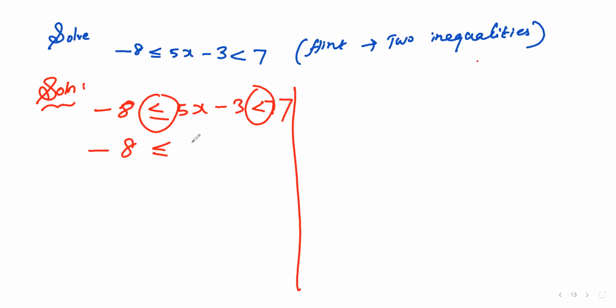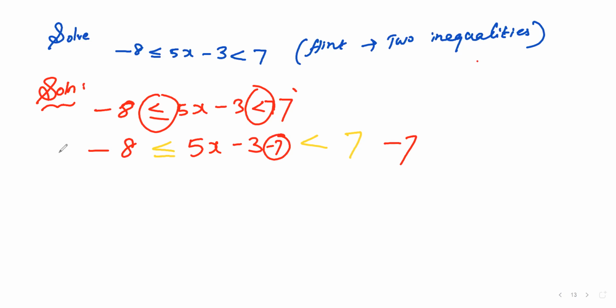Both sides we are going to add. Minus 8, 5x minus 3, 7. Both sides, like all sides, we are going to subtract 7.